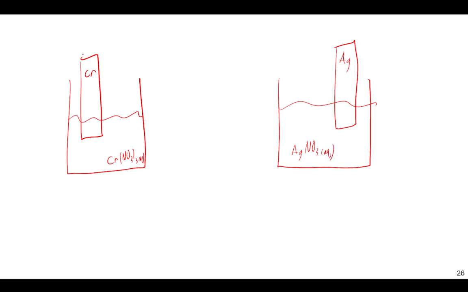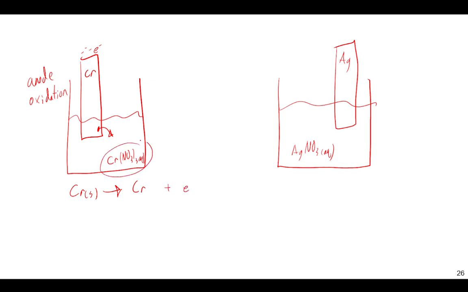The problem told me that negative charges were developing on chromium. That means it's the chromium that is going into solution, leaving behind electrons. So this must be my anode where oxidation is happening. Specifically, it's chromium solid that is going into solution and generating electrons.